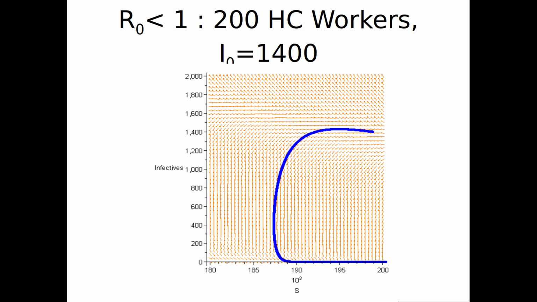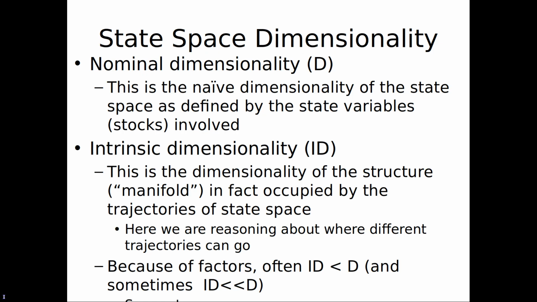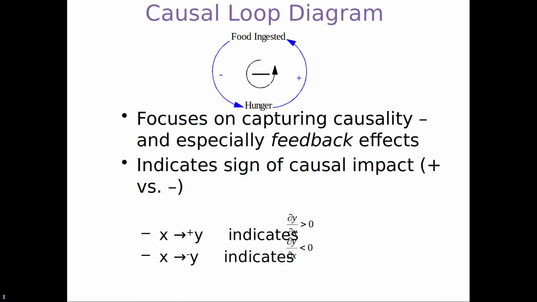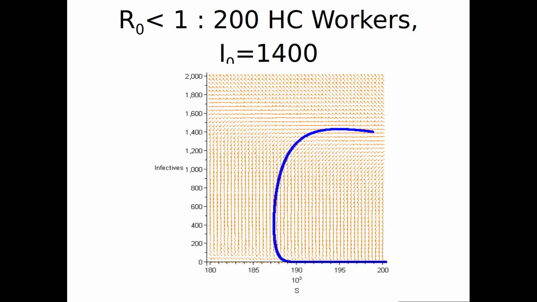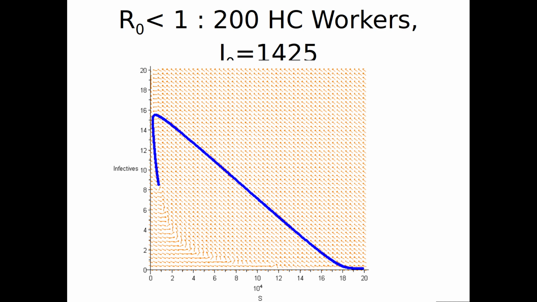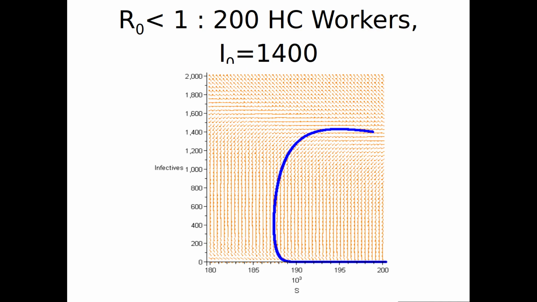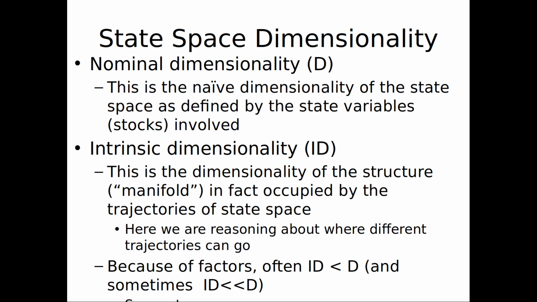So this gives a sense of the overall flow, how the system would behave from a wide variety of points in state space. And that's a really powerful way to depict system behavior more generally, how it could behave. And here, by the way, you can see two different equilibria associated with it, where one went this way and one went that way. Two different basins of attraction.